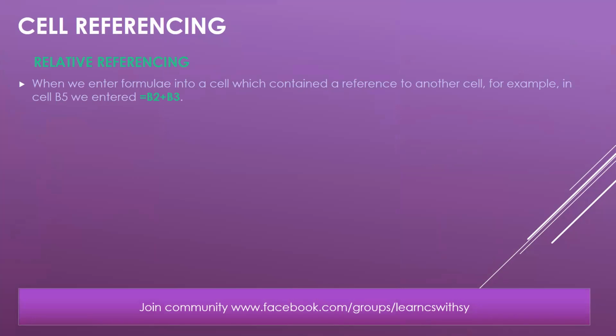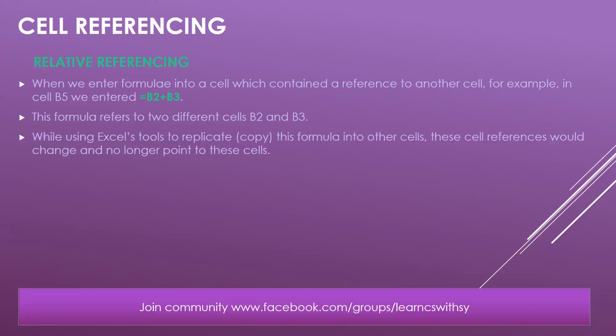Whenever you have written any formula in a cell and you are performing the copying and pasting operation, when you copy the cells down, then what happens is the cell references do change, and in reality, they should change. For example, if you have entered in cell B5 the formula equals B2 plus B3, and this formula is representing two different cells, B2 and B3.